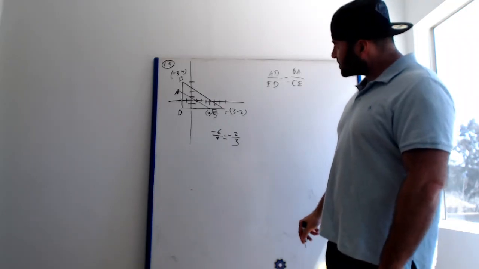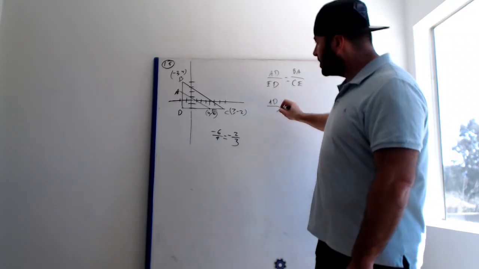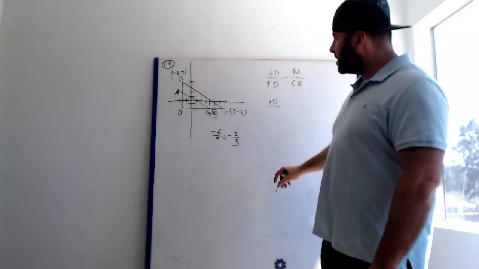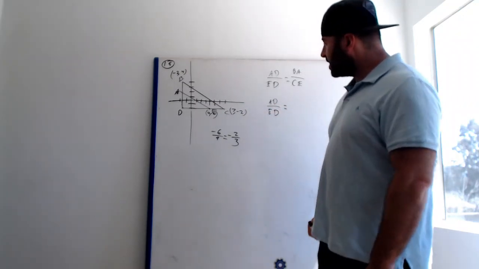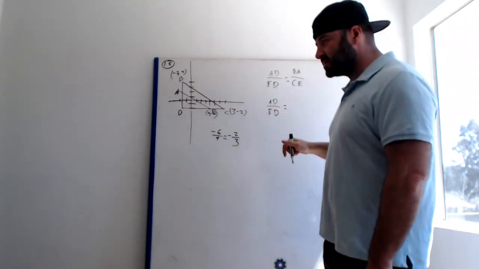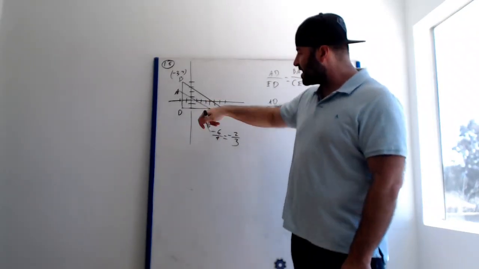You could also do that AD over ED is proportional, this time, to the entire side lengths. So rather than the two smaller portions, I'm going to do the entire length.